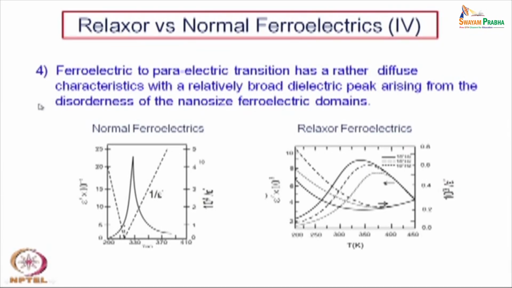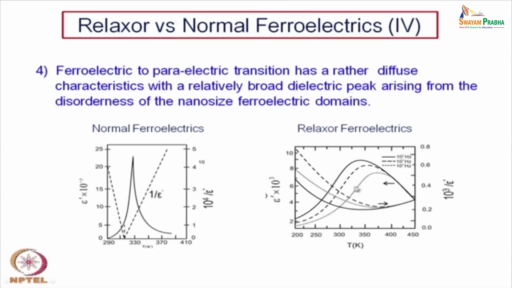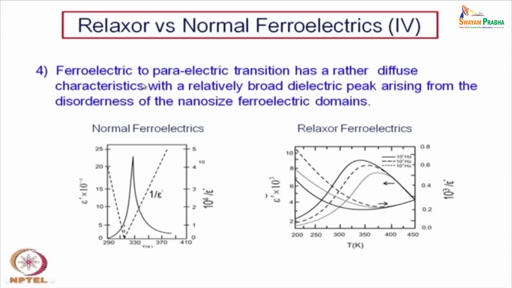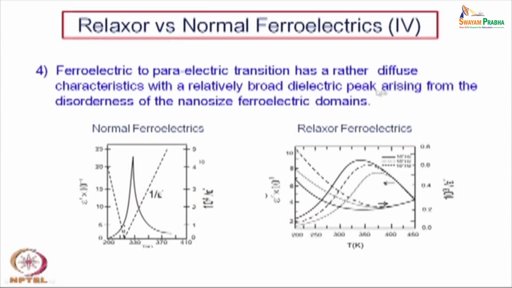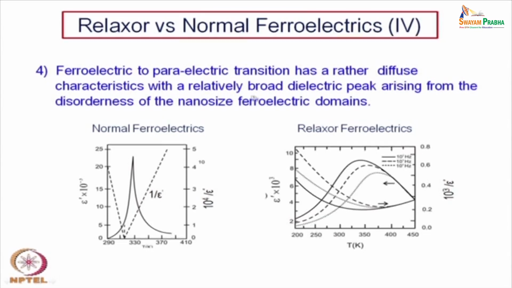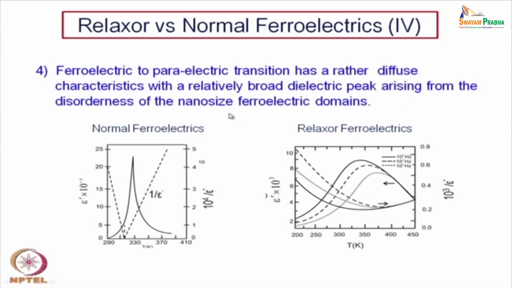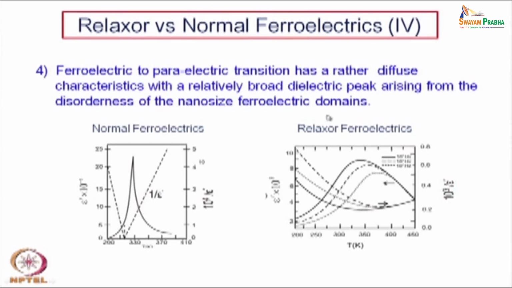And there is also a fourth, which has been mentioned earlier, the very first one when we were discussing the same diagrams. The ferroelectric to paraelectric transition has rather diffuse characteristics, a relatively broad dielectric peak arising from the disorderedness of the nano-sized ferroelectric domains.